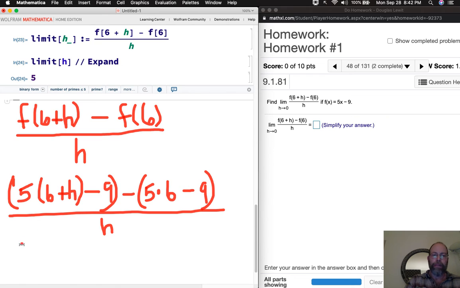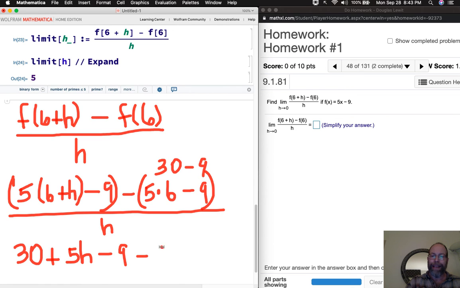So this is going to be 5 times 6 is 30, 30 plus 5h minus 9, minus, well, 5 times 6 we know is 30, and 30 minus 9 is 21.